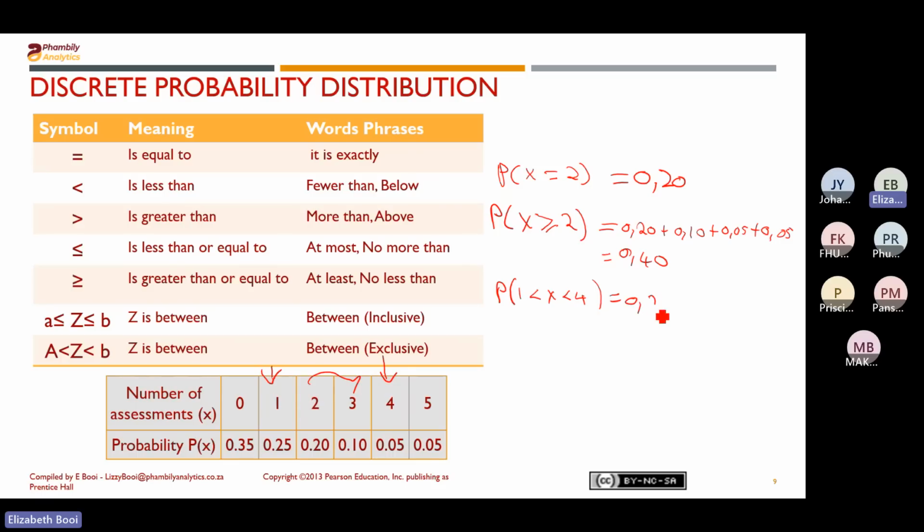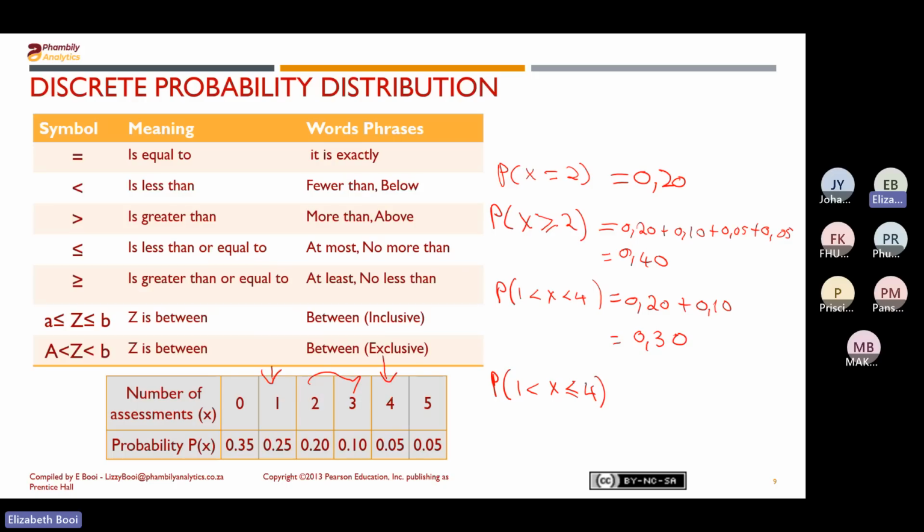So it will be 0.20 plus 0.10, and that will be 0.30. What if it's the same thing, but they give it to you in a mathematical format and they say the probability that X lies between 1 and 4. But here, 1 is less than X and X is less than or equal to 4.